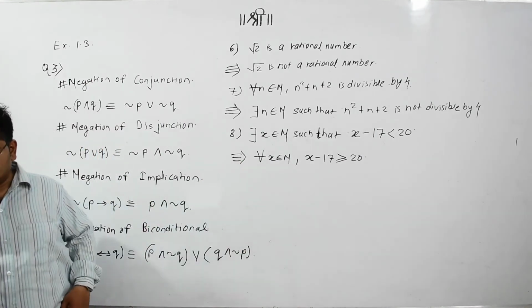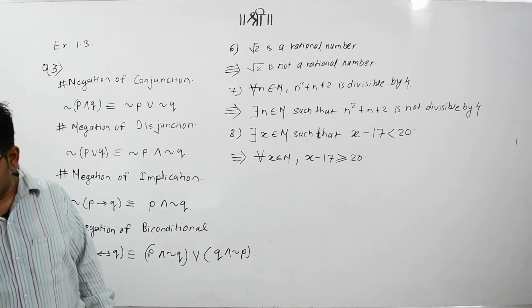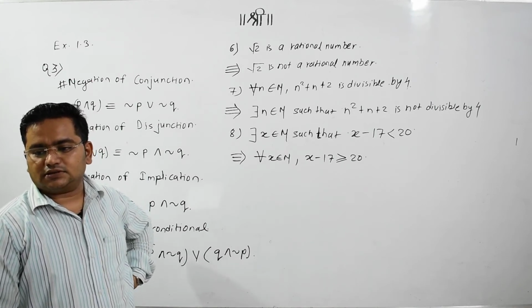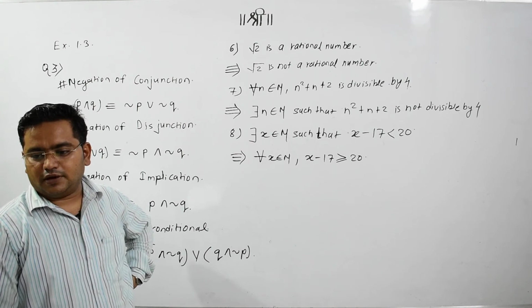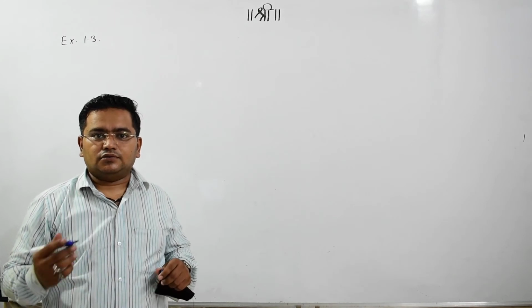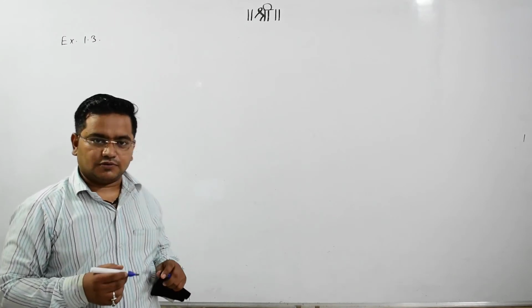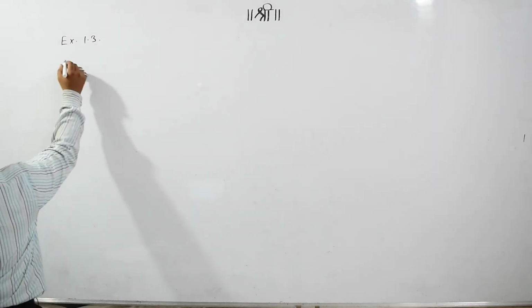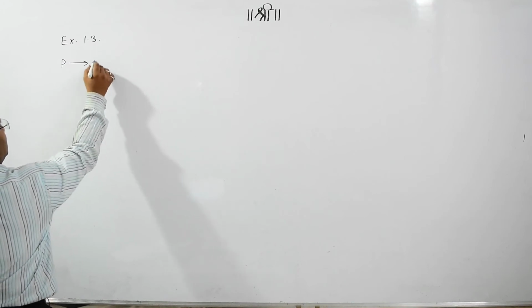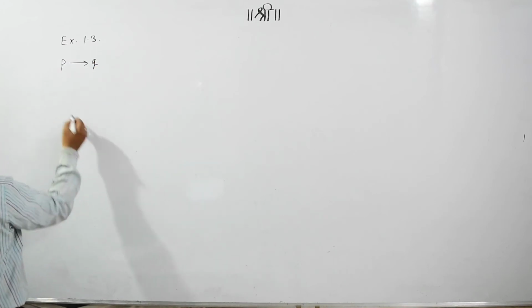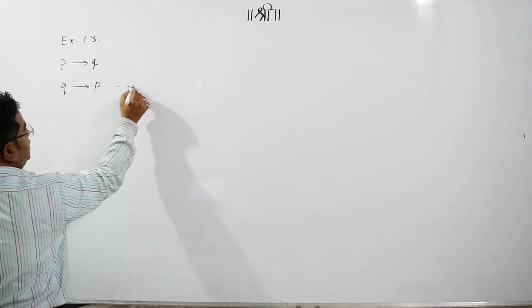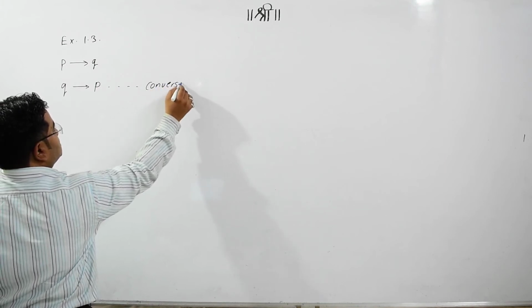There are n number of statements we can solve, but from the exercise we are solving this much only. Now let's move to our further part, which is called converse, inverse and contrapositive. Our next question is regarding the converse, inverse and contrapositive. What exactly are these? These are simply implications of the given statement. If Q implies P, then it is called converse.